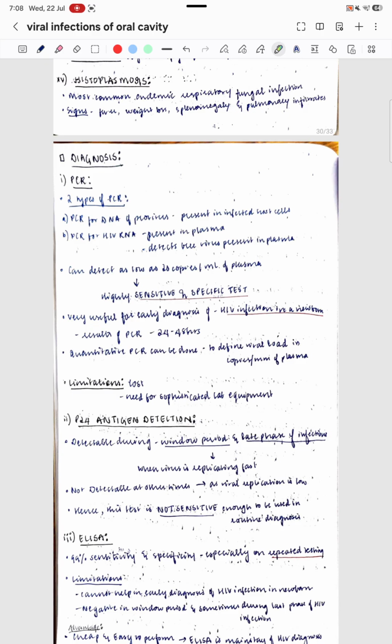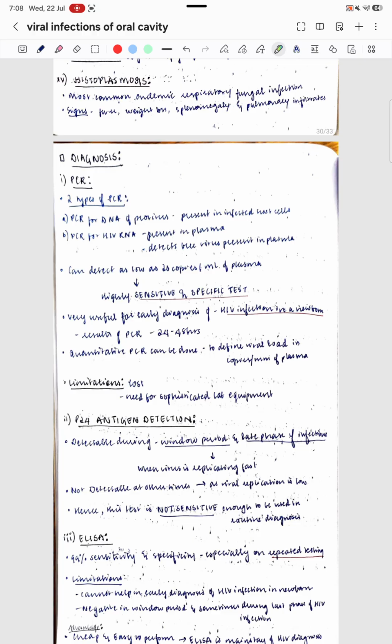So you check the polymerase chain reaction and give a diagnosis. It can be detected as low as 20 copies, which is a highly specific test, and it is sensitive. Very useful for early diagnosis of HIV, usually in newborns.